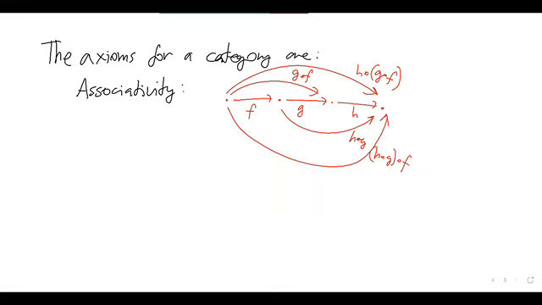Composition of processes is associative. So we want these two things to be the same. So these two must be equal, by the axiom of associativity.